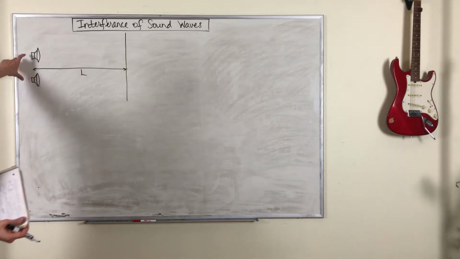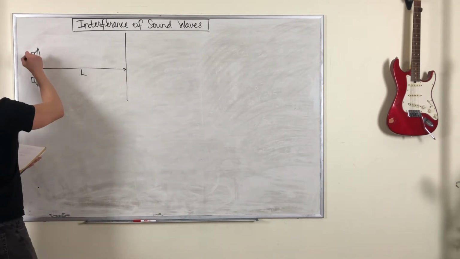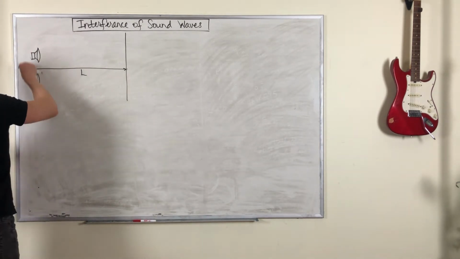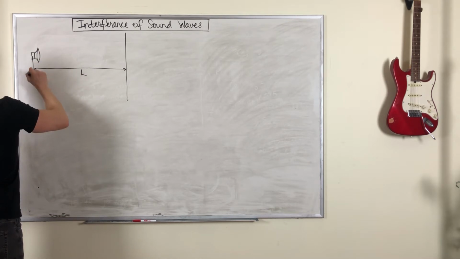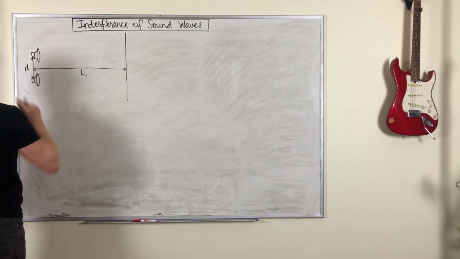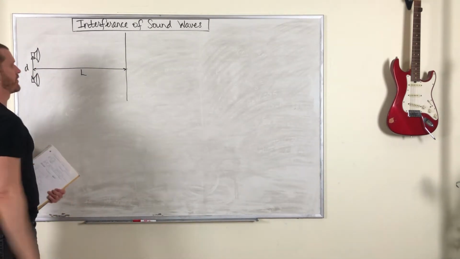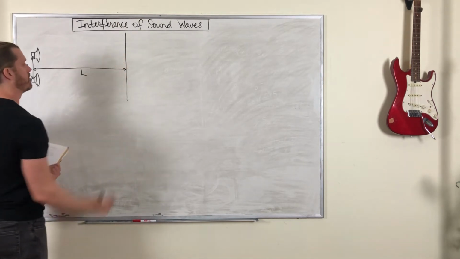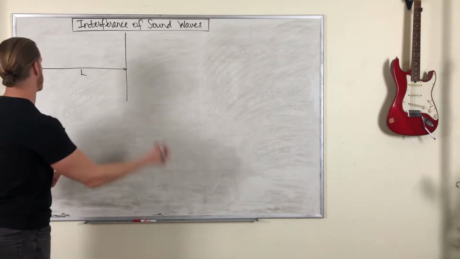Let's say we have two loudspeakers and they are separated by a distance d, and there are distance L, a perpendicular distance L, from some line or plane where our observer or listener is going to be.